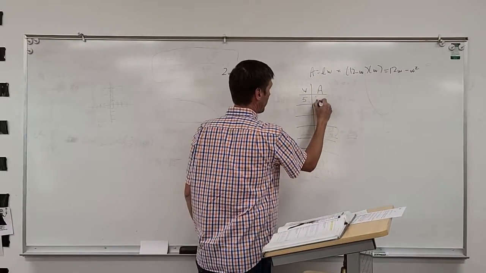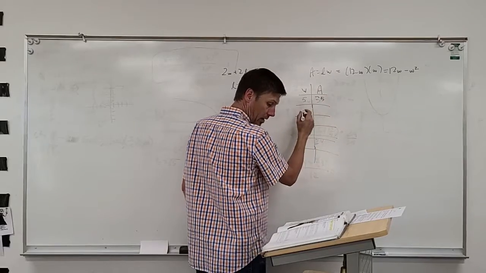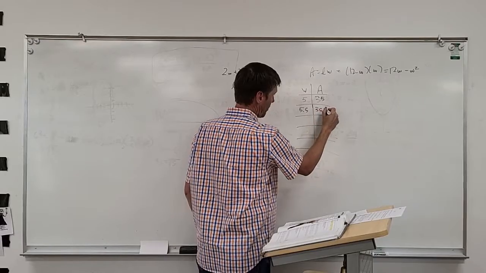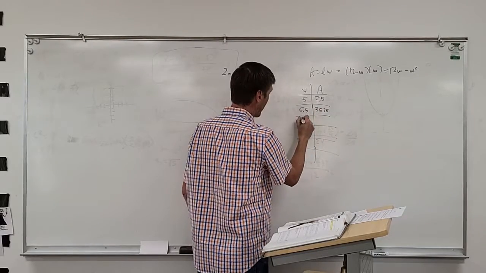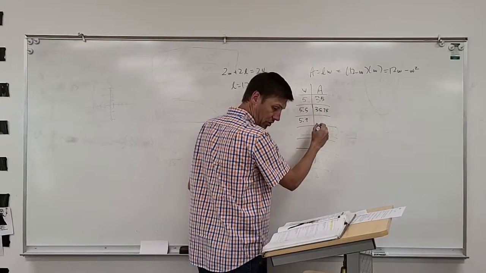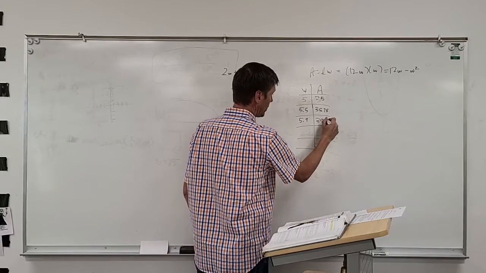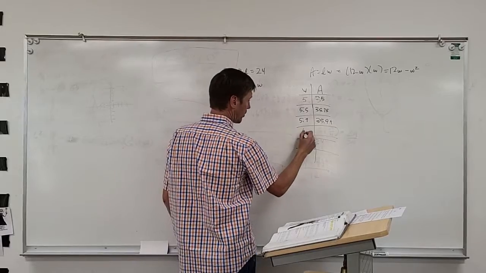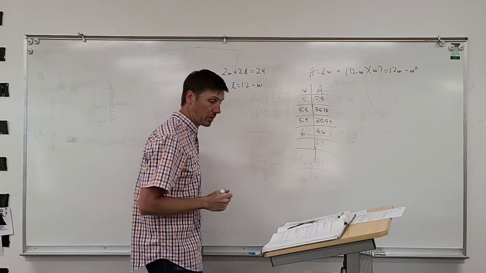And so this is 35. And if we did 5.5 here, 35.75. And 5.9. They're showing you that as you get closer, everything is increasing and getting closer and closer to 36, which is the value we get when we plug in 6.